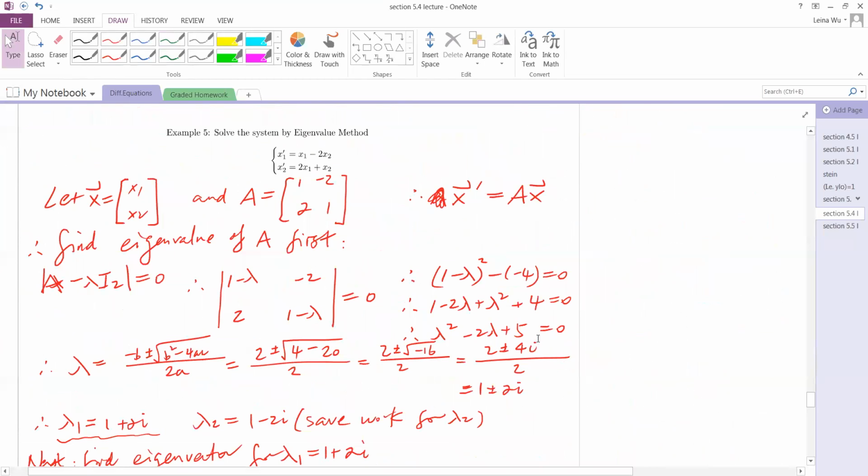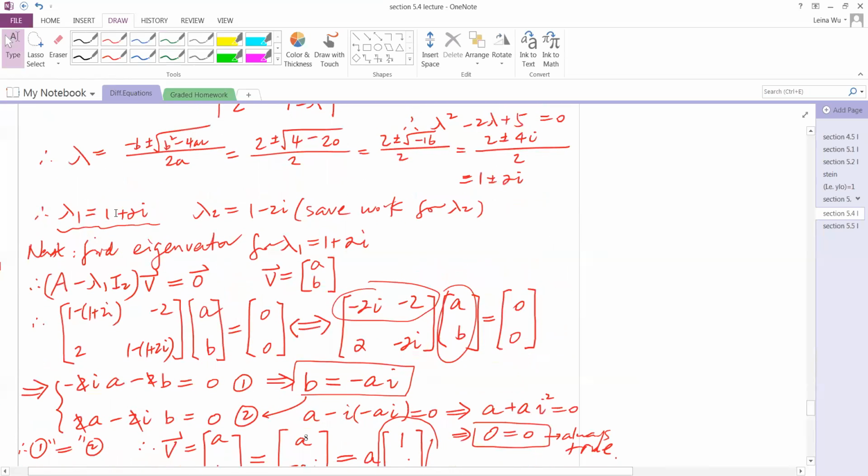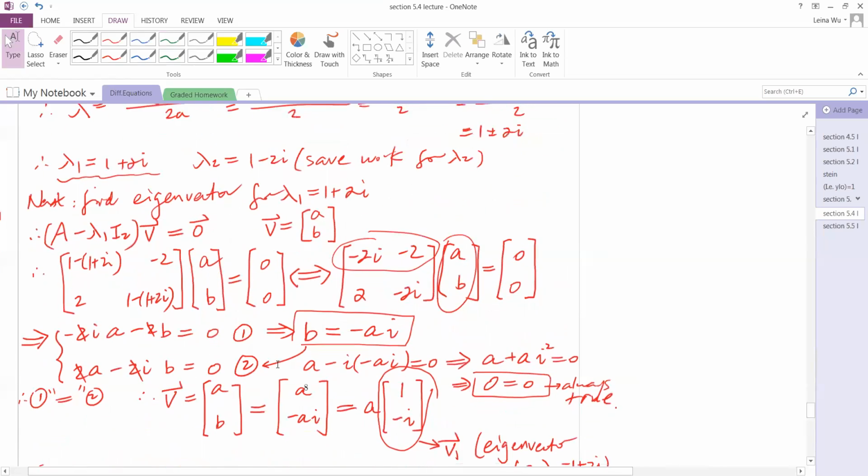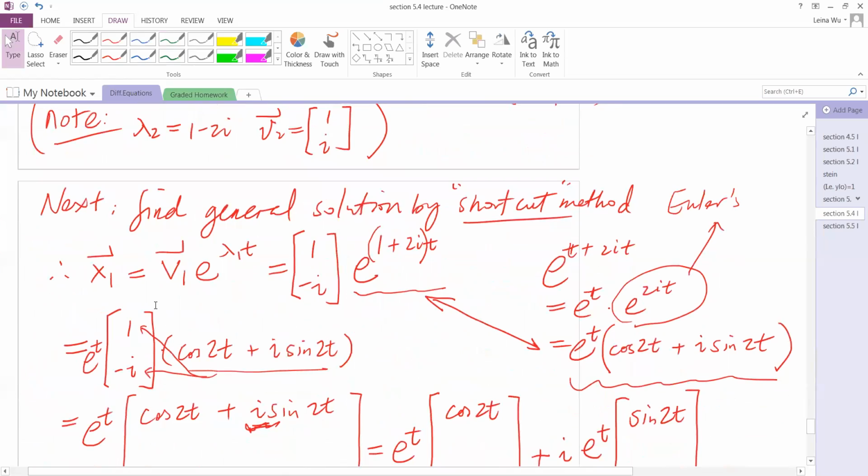Let me quickly go over what we did. Starting from today, you can just use this shortcut method for the complex eigenvalue cases. So basically, you first find lambda 1, lambda 2, assuming they're a conjugate pair. Then we take lambda 1, find its eigenvector V1, and use V1 and lambda 1 to get x1. Over here, you have to use Euler's formula.